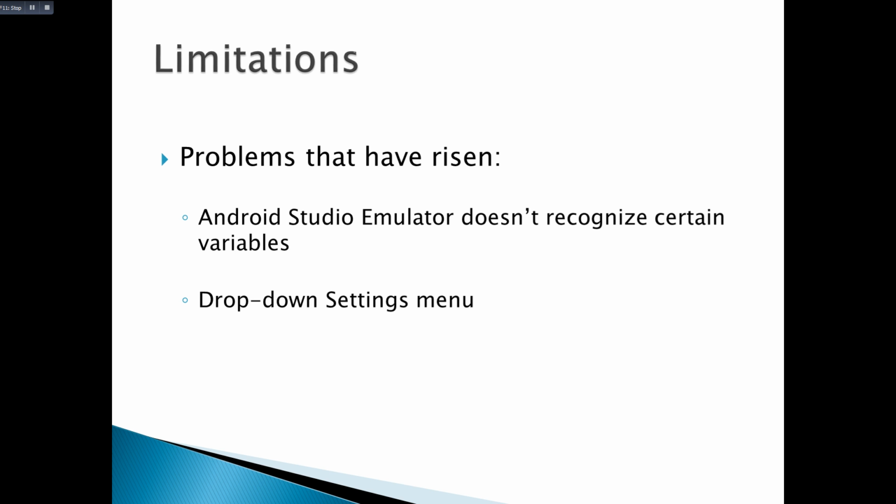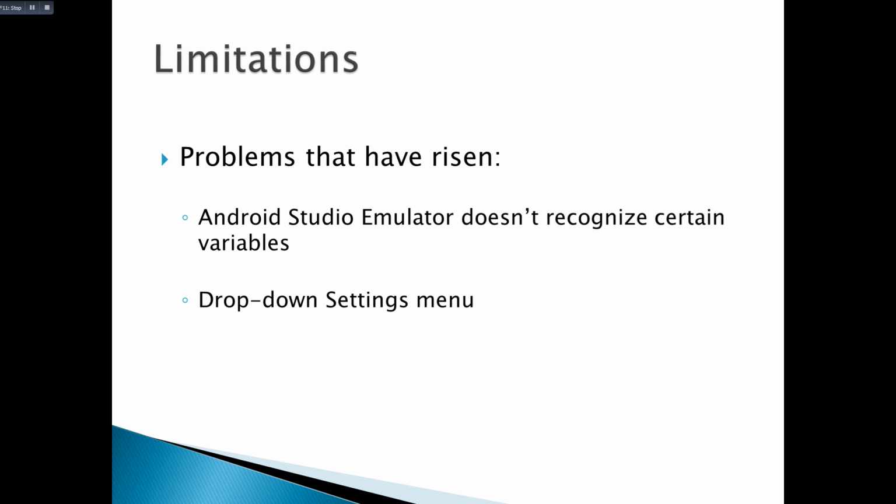So now I'm going to talk about some limitations and complications that I've had. The first limitation that I had was the inability for the Android Studio emulator to accurately emulate certain portions of the phone. So for instance, you could emulate battery levels through that emulator, but you couldn't get the variables that would read the level of current going into the phone.